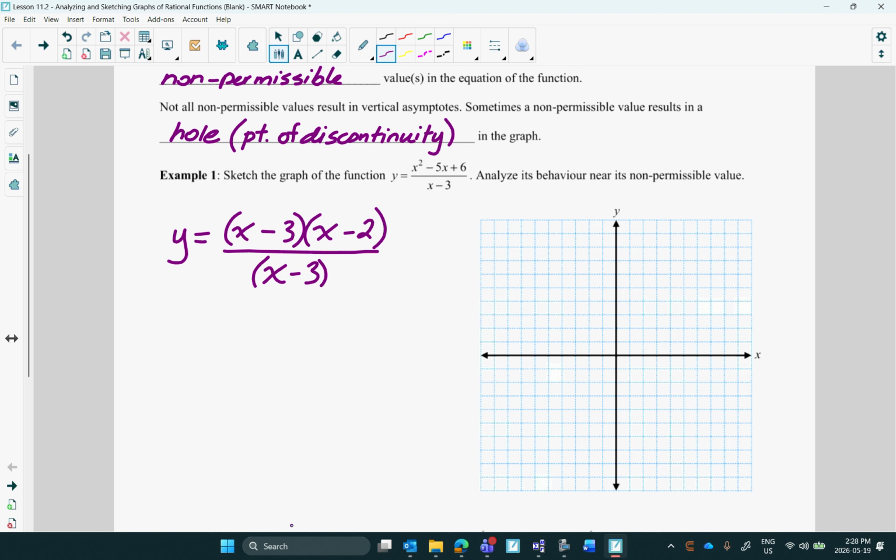But there's something I can do here. One would think that the vertical asymptote is x equals 3. But I can cancel it out. So if I can cancel out the denominator, it no longer becomes a vertical asymptote, it becomes a hole at x equals 3.